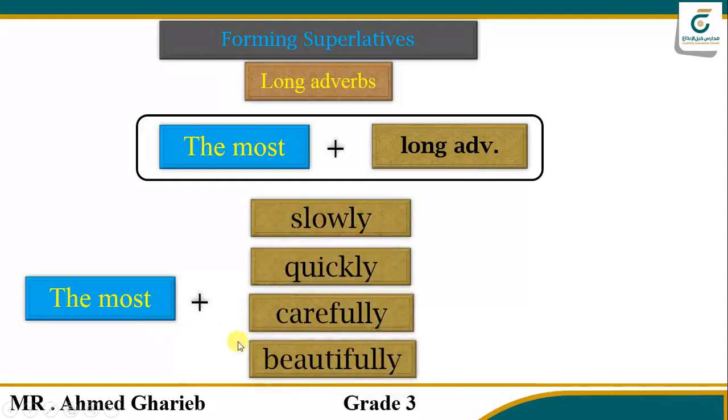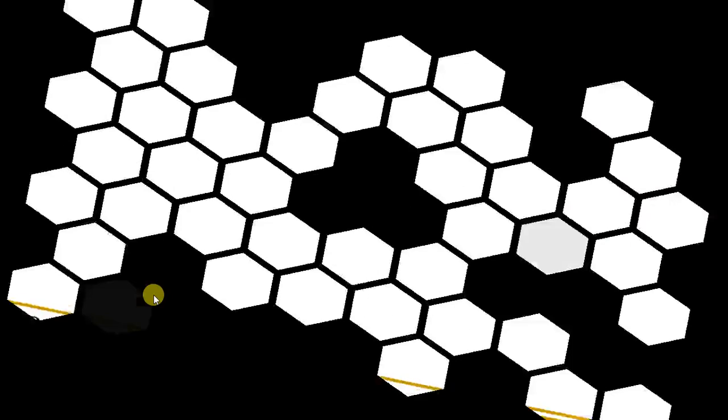As you see, we just added the most before the long adverb. Why? To form a superlative adverb. Okay? All of them end in ly, and all of them come after an action verb. Okay? Alright, let's have an example.